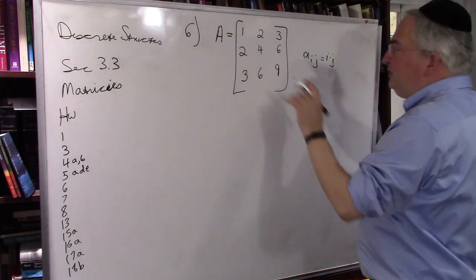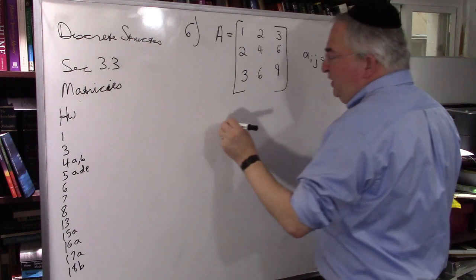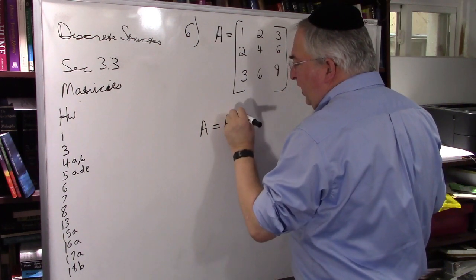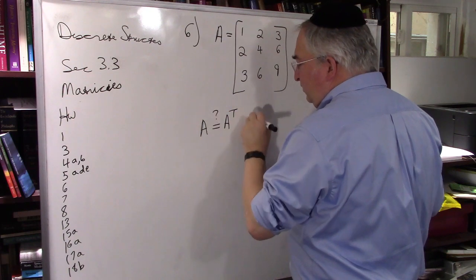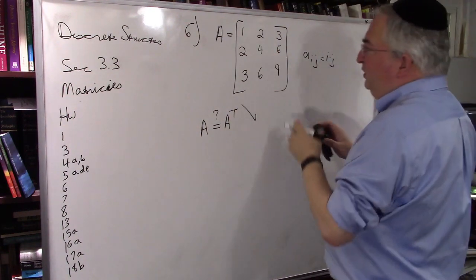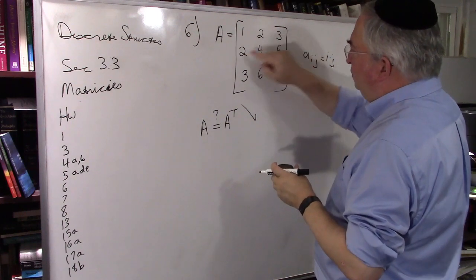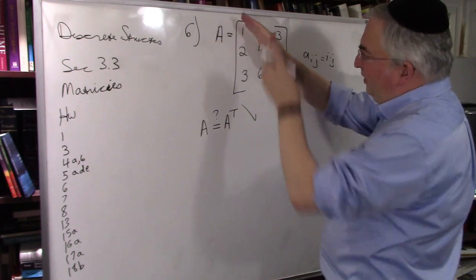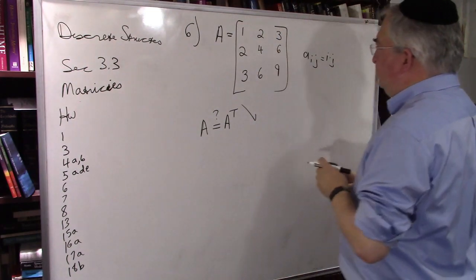We can now answer part C. We can just look at this and answer part C, because part C asks: is A equal to A transpose? And the answer is yes, it is. Why? Because, first of all, you can just see it right here: 2, 2, 3, 3, 6, 6, 9, 9. Off the diagonal, everything is reflected. So that's easy to see.